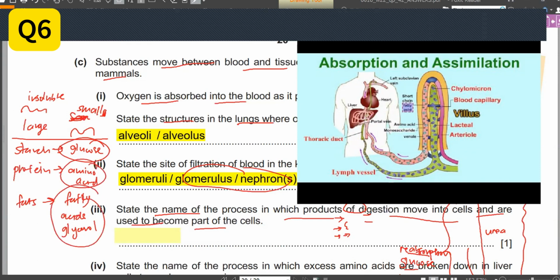Once absorbed, they are sent to different parts of the body to be used. This is what we call assimilation. Assimilation means it is incorporated into our own body to be used.